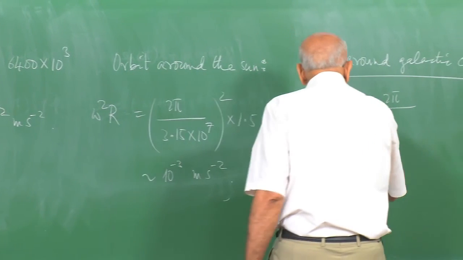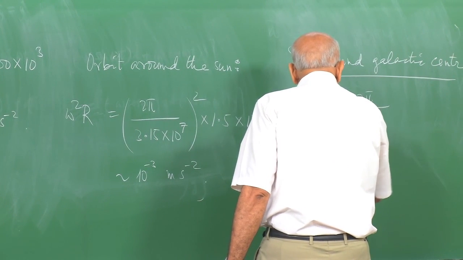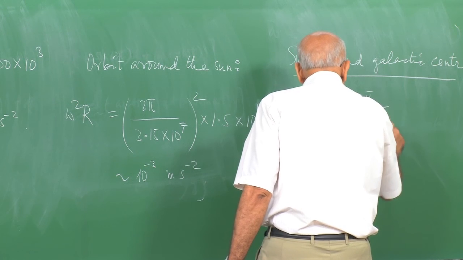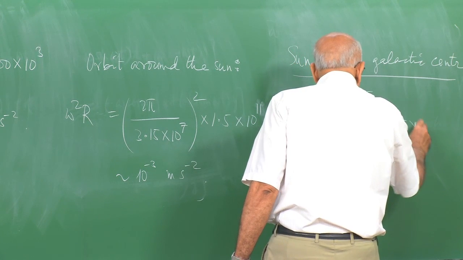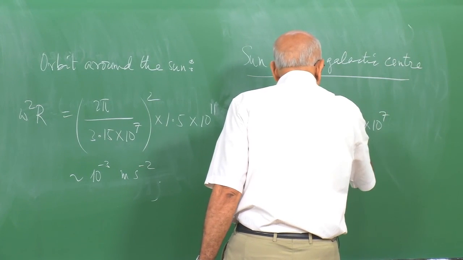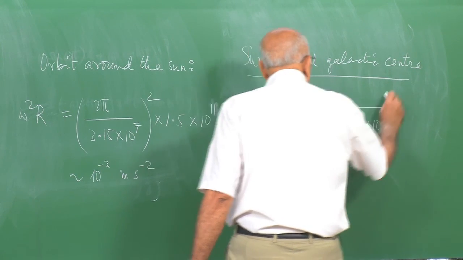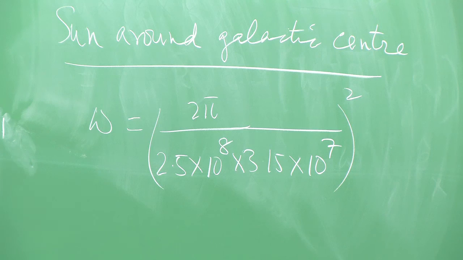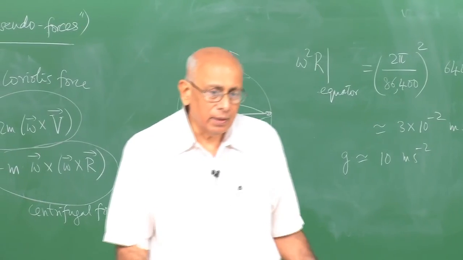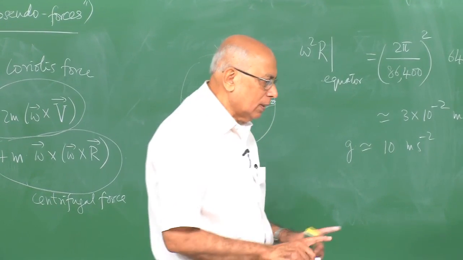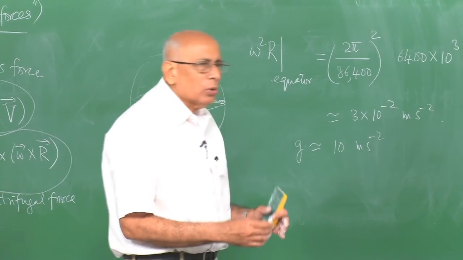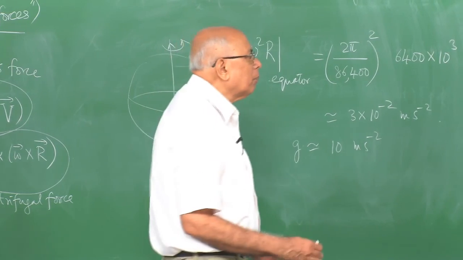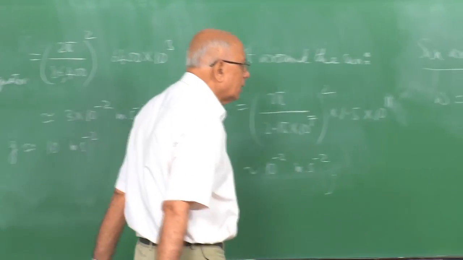So it is of the form 2.5 times 10 to the power 8 times 3.15 times 10 to the power 7, that is in seconds. This whole thing is squared, multiplied by the distance from here to the center of the galaxy. Well, this galaxy is of the order of 100,000 light years in diameter, and we are about 2/3 of the way from the center, so perhaps about 30,000 light years or so.